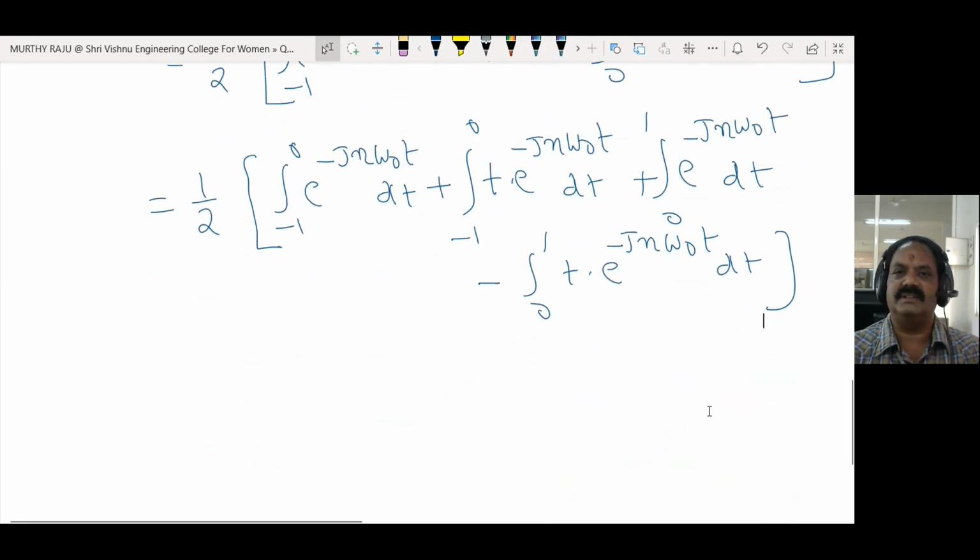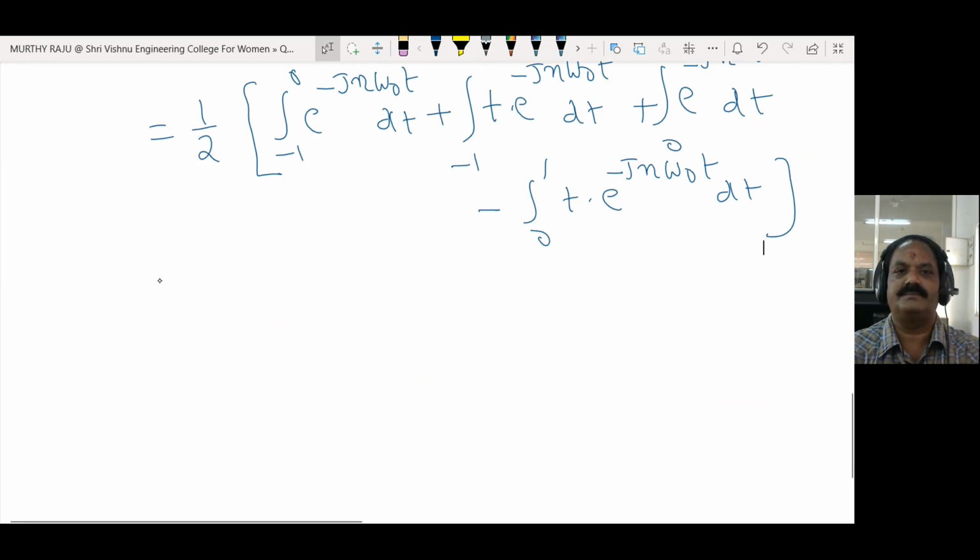This is the expansion, that is equal to 1/2.